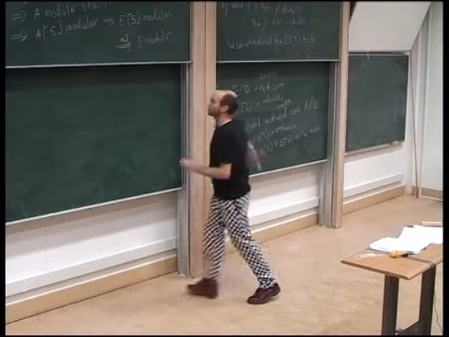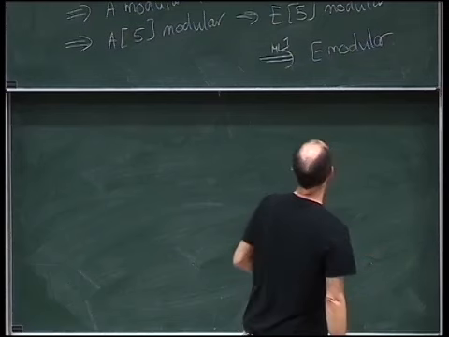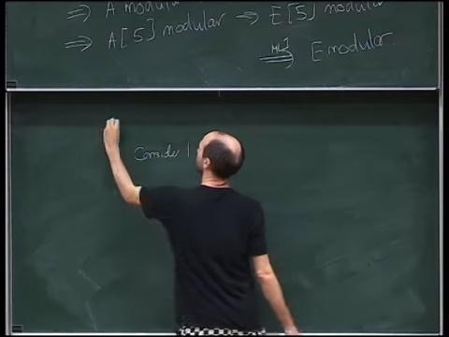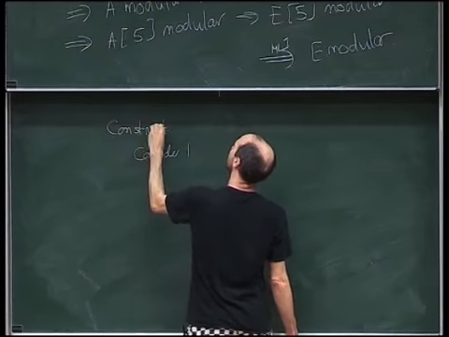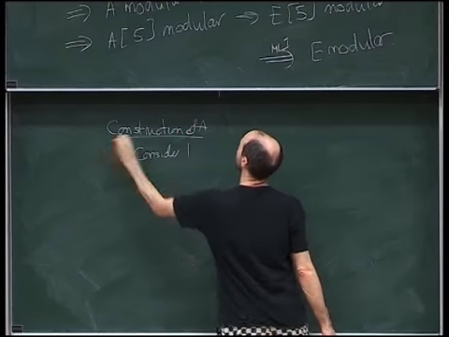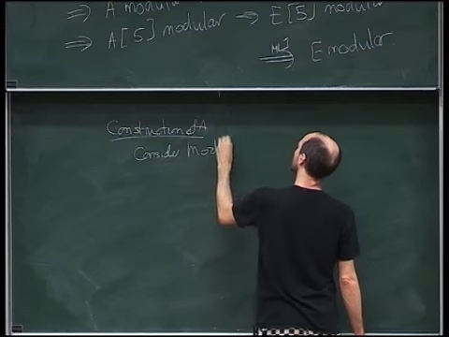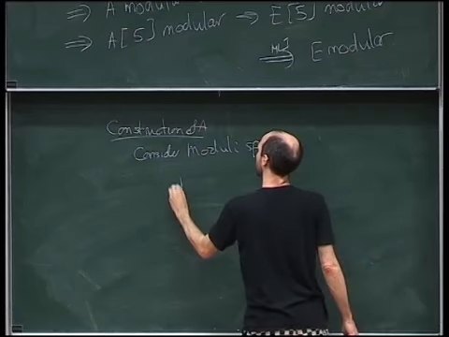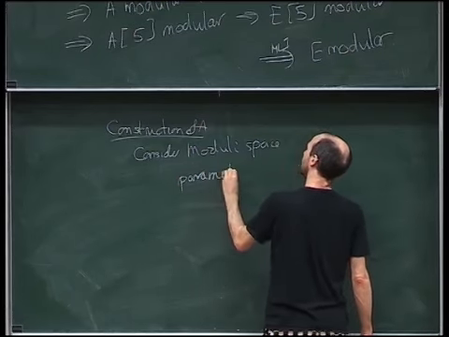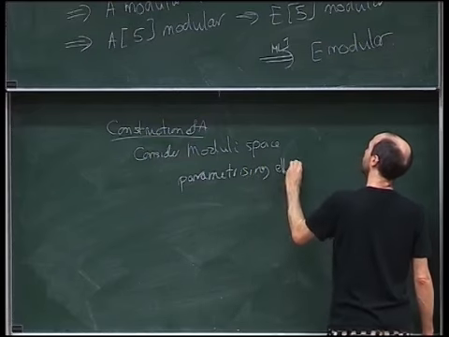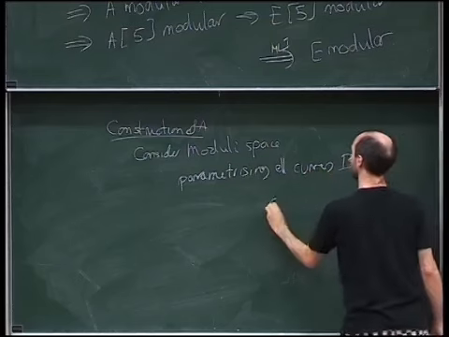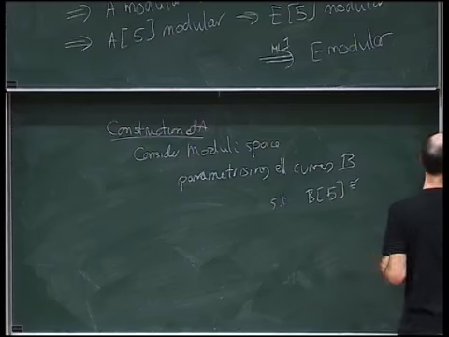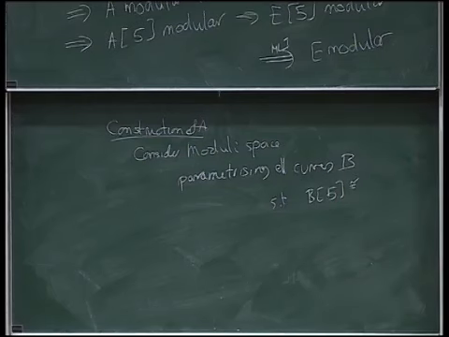And for the construction of A, here's the idea: you consider the moduli space parameterizing elliptic curves B such that the 5-torsion in B is isomorphic to the 5-torsion in E.